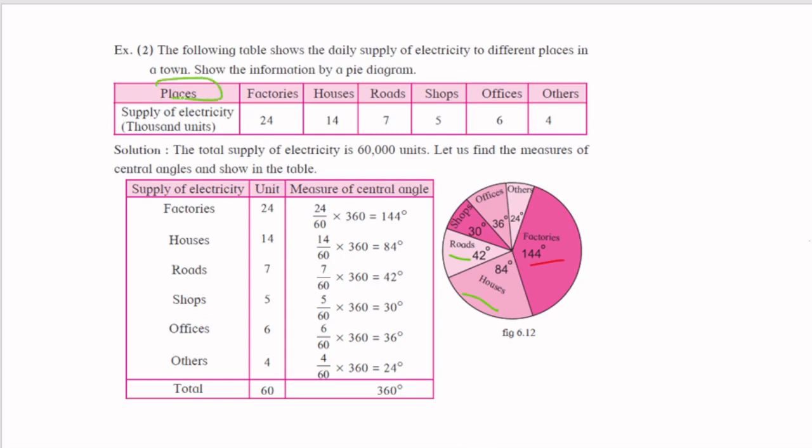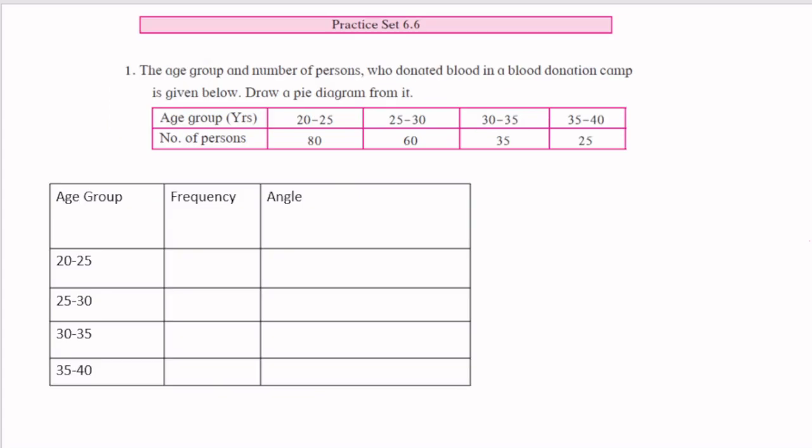For example, places are given, frequency is given, you have to add the total frequency, and then you have to find the angles. How? Same thing, component divided by total 60 into 360. So 144, we got the angle. This practice you have to do. Okay, once you're done, then you can draw the pie. We'll understand with the help of practice set 6.6. The moment you solve the question, every doubt will be clear.